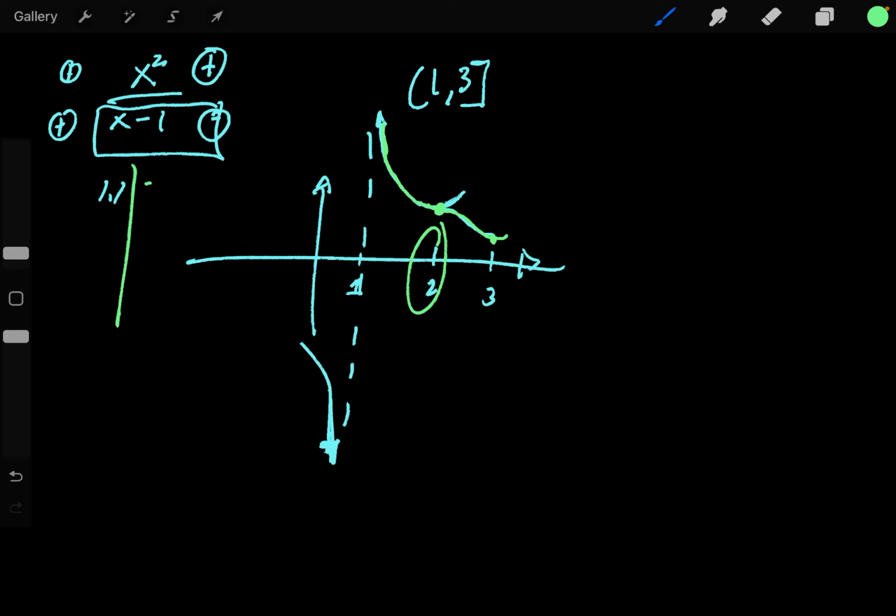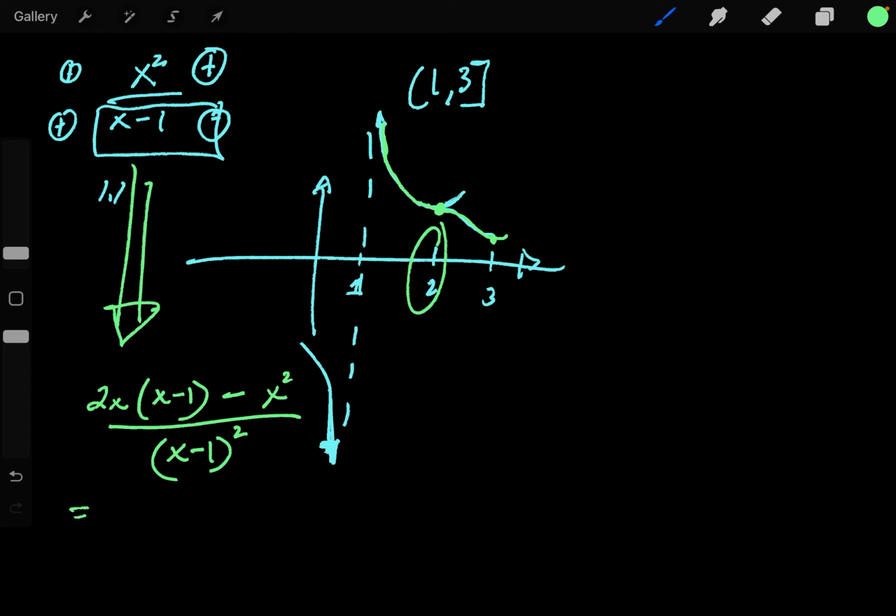Let's make sure. So I'm going to take the derivative: 2x times x minus 1, minus the derivative of the top times the bottom. The derivative of the bottom is 1, times the top, over the bottom squared again.